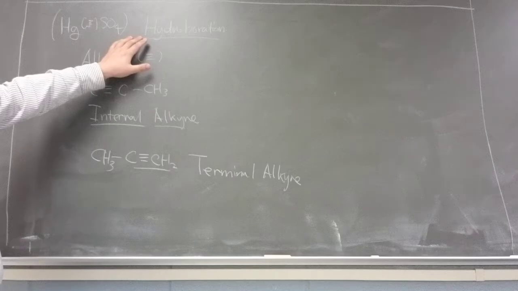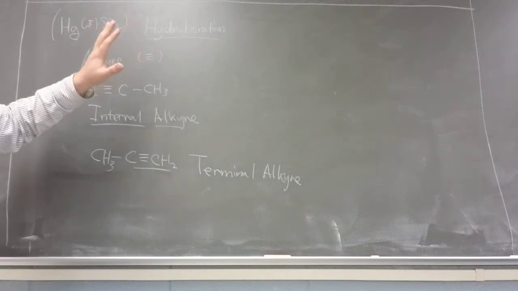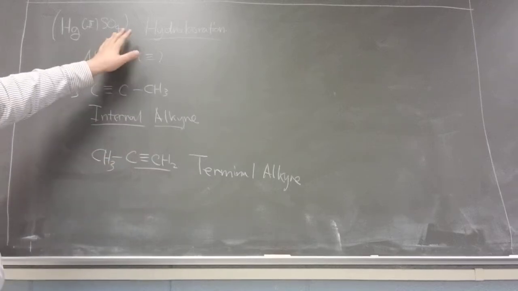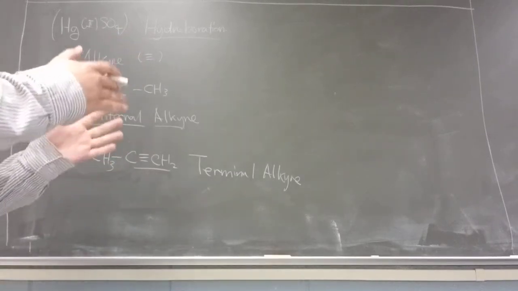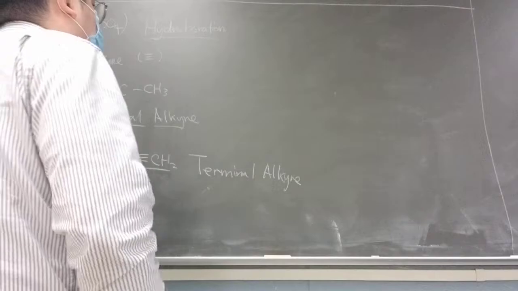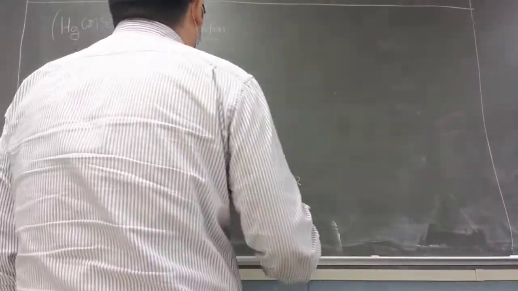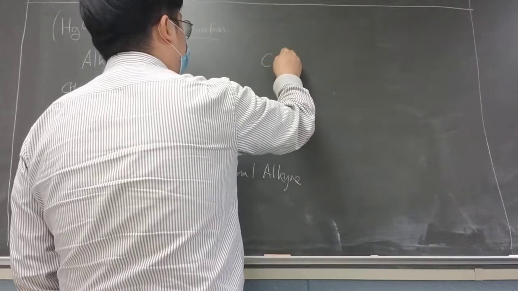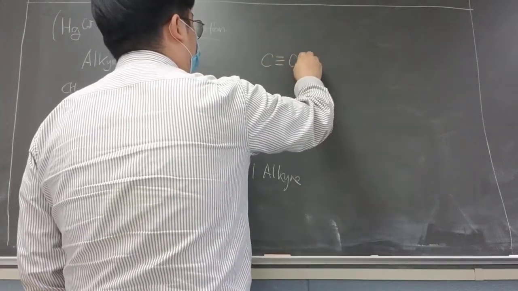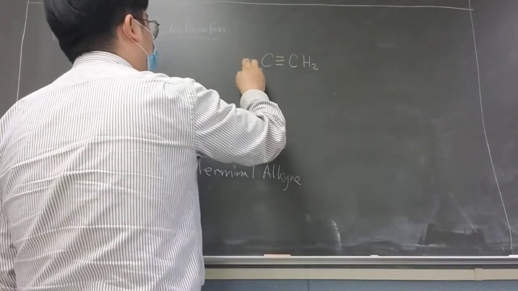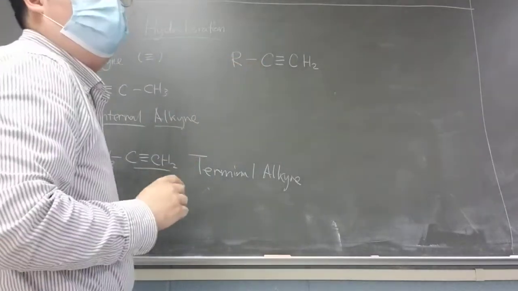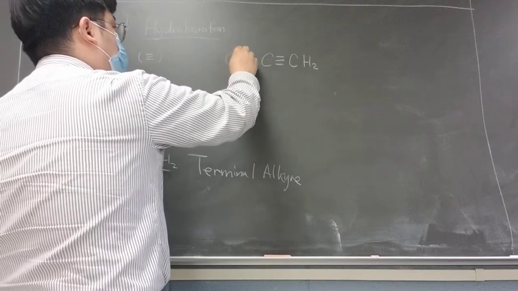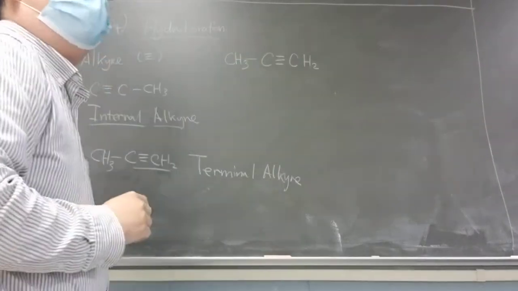We have a similar mechanism, but this will work somewhat differently for a terminal alkyne. It will do similar work, like a keto-tautomer isomer. So whenever you have a terminal alkyne with R here, R could be anything, but I'll just put the simplest form right here.